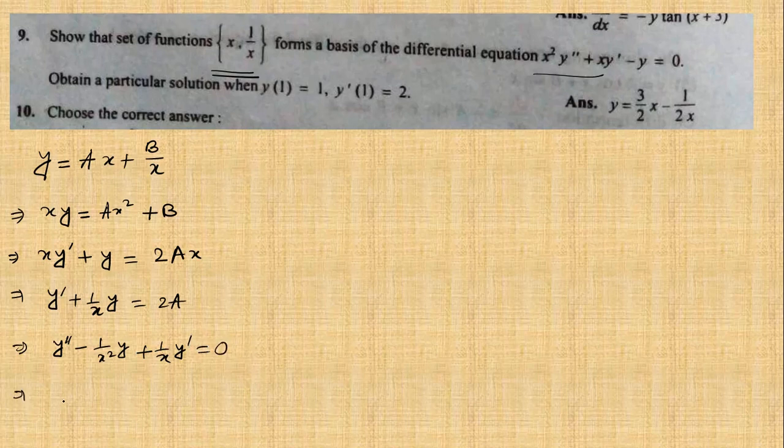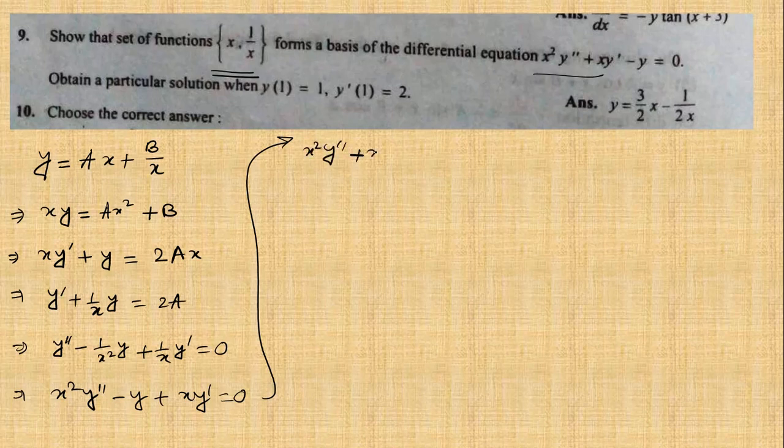If we multiply with x square: x square y double prime minus y plus x y prime equals 0. Or you can say this is x square y double prime plus x y prime minus y equals 0. This is the differential equation.